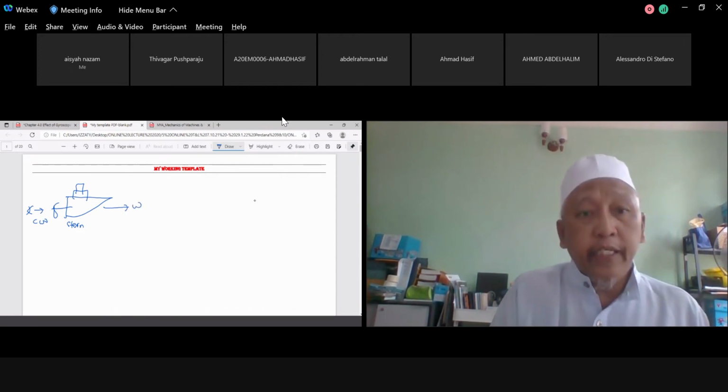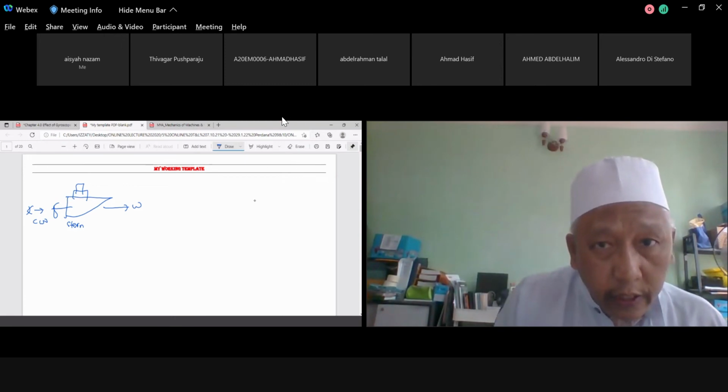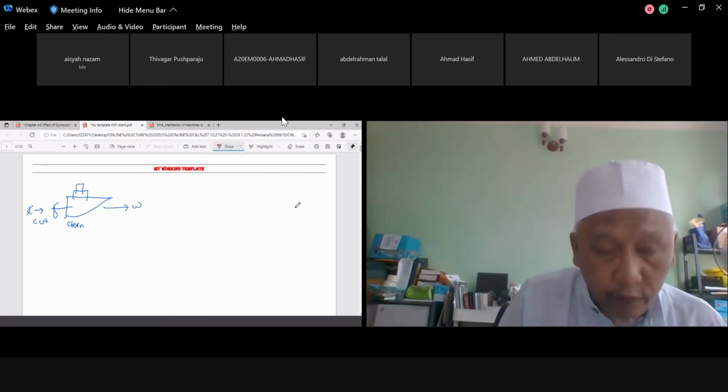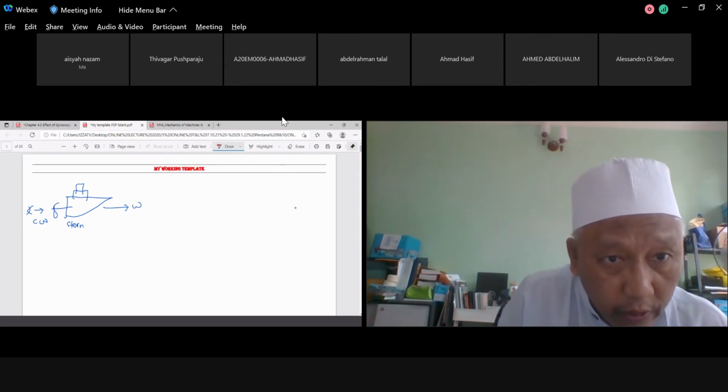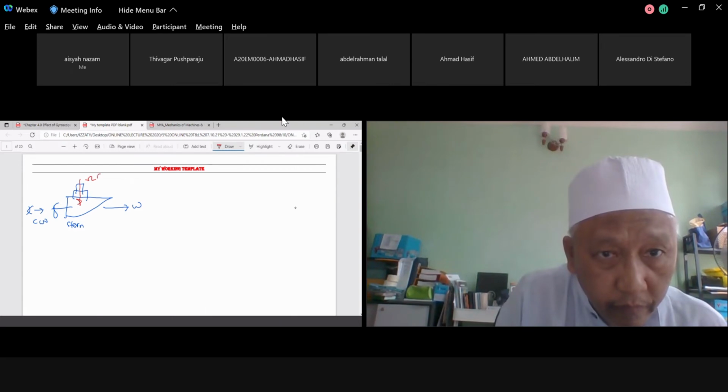Then it turns to the right, pointing downward. Let me put another color here so that it is very easy for you to distinguish. This one is the turn to the right.